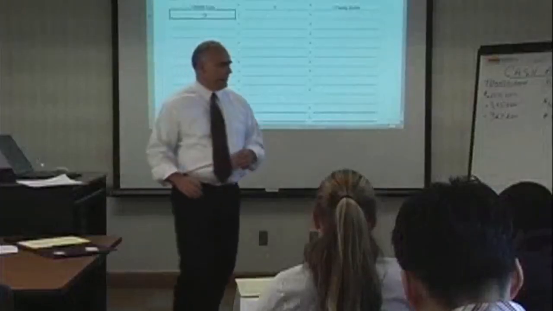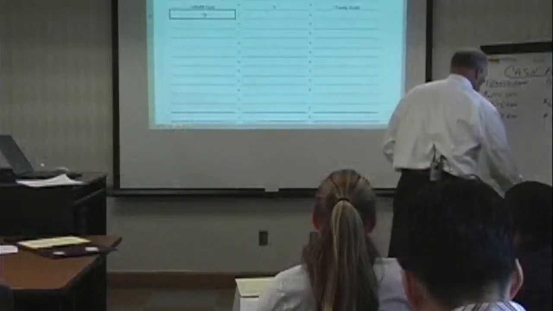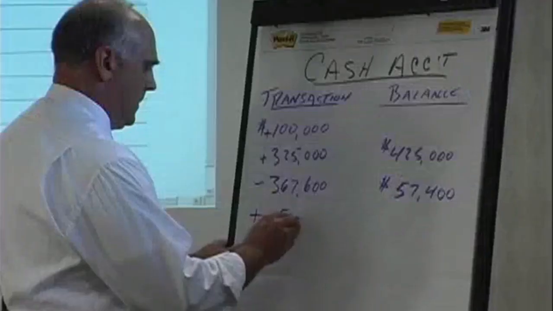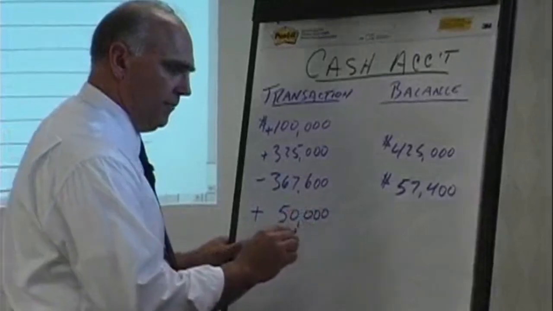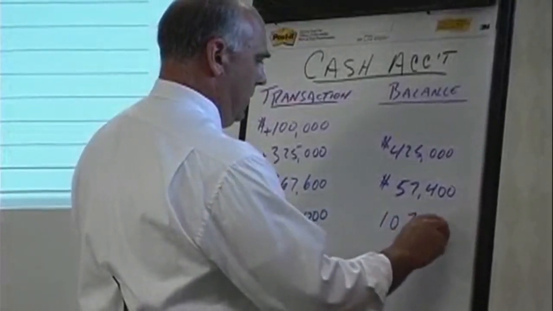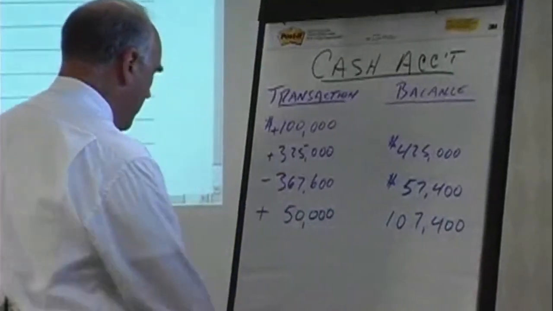Our cash balance now has increased by $50,000, $107,400. That satisfied the private investor, who at this time goes ahead and issues us the mortgage of $305,000.